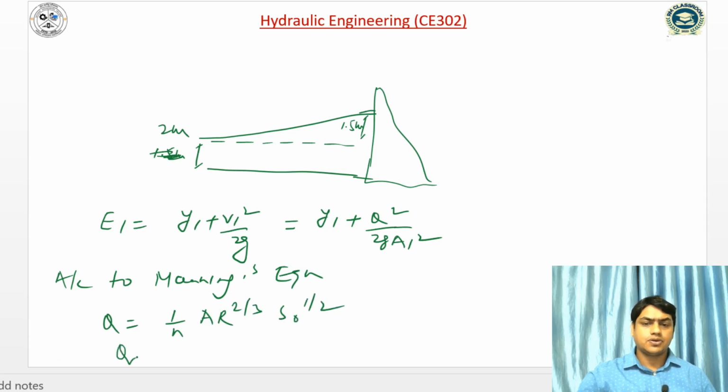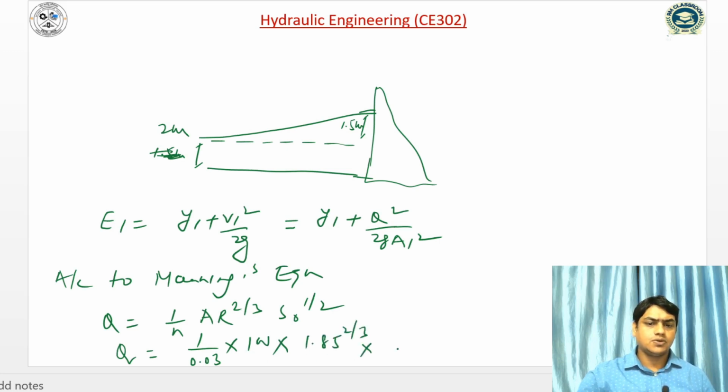With the help of that, we can compute Q: 1 by Manning's roughness coefficient 0.03, into area 100, into hydraulic radius 1.85 to the power 2 by 3, into S naught, which is 1 by 2000. So Q is 112.325 meter cube per second.